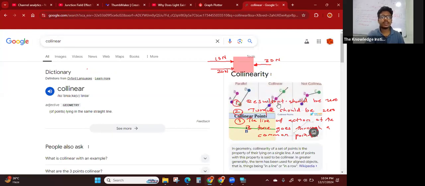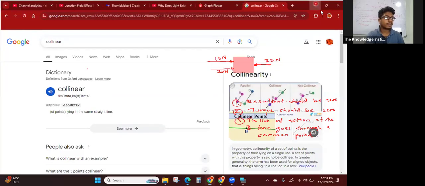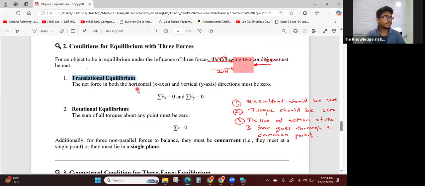Yeah, collinear points are lying on the same line. The term collinear is widely used in coordinate geometry. No, concurrent is different. Concurrent means they must be, okay, I'll explain that.